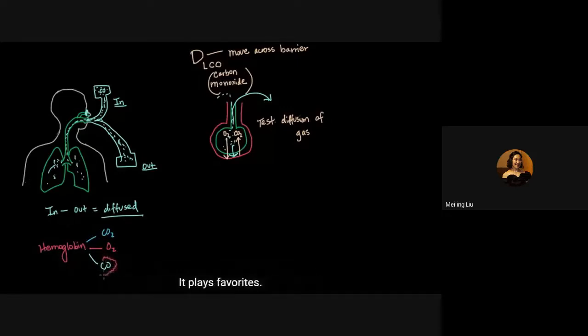This is like its favorite kid. So here's why we use it in this test: since it likes carbon monoxide so much, we're able to maximize diffusion. Because when the hemoglobin in the blood sees the carbon monoxide, it grabs all of it up and gives us that maximum value of how well the diffusion is happening.